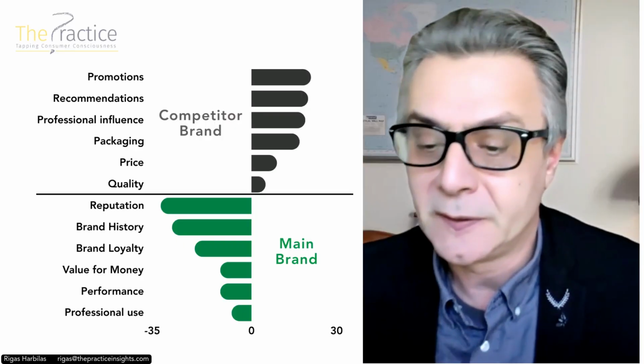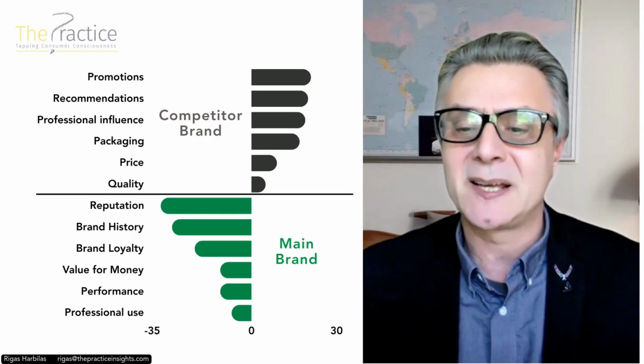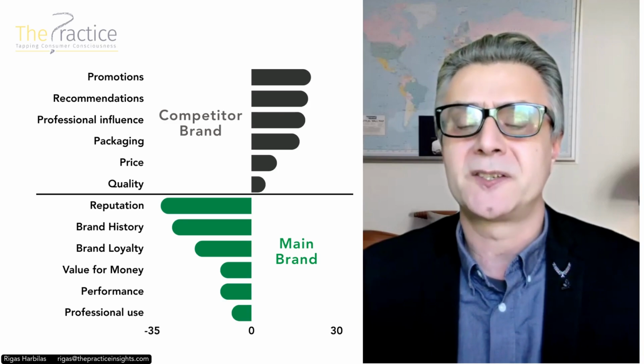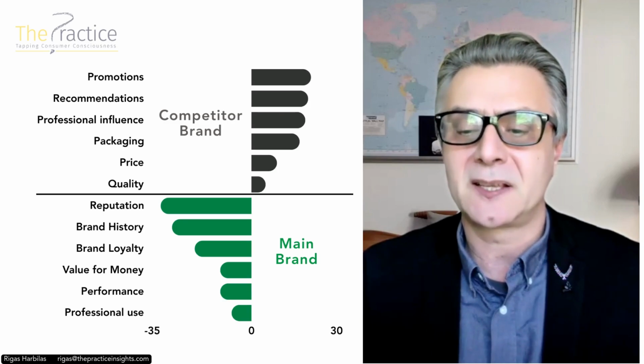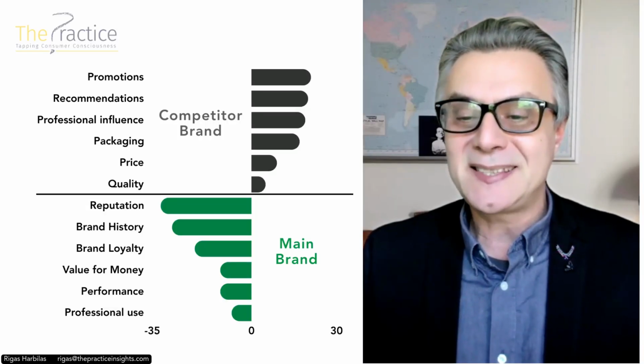Not as well known as our client's brand, but doing very well on the shelf. This is now giving us some fairly robust discriminatory information that the client absolutely needs to know about their competitor.